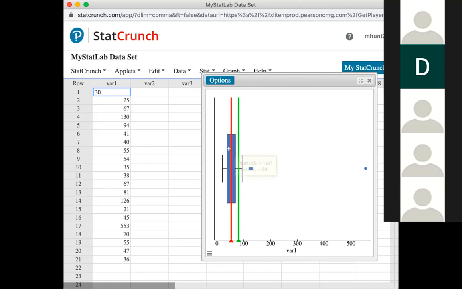Okay, so let's just anticipate what might be asked by the problem. So I can hover and I can get IQR is 32, Q1 is 38, Q3 is 70, median 54, with an IQR of 32.